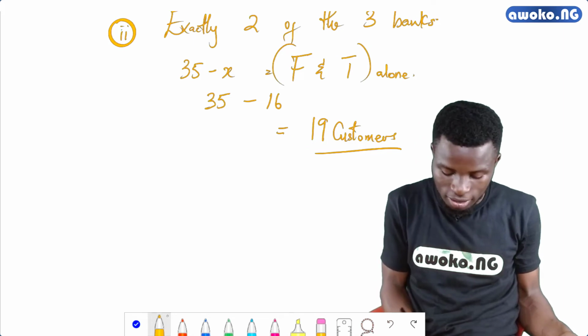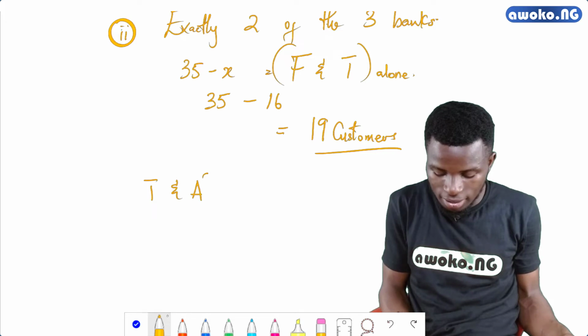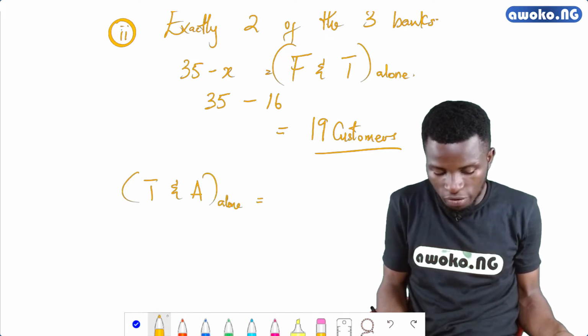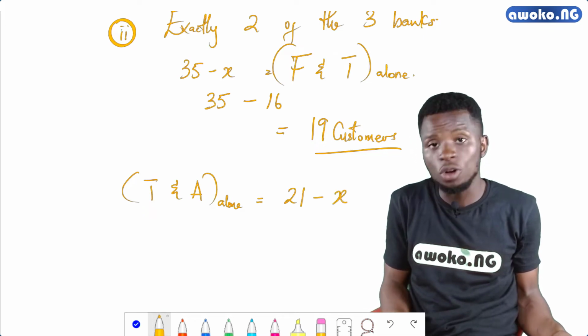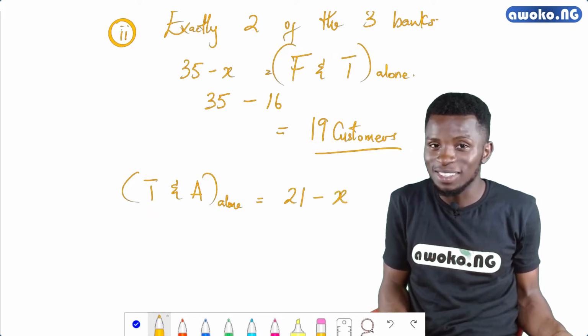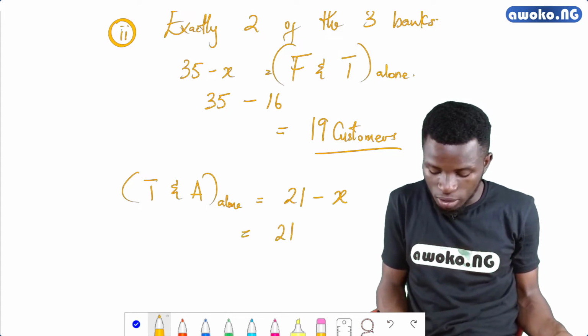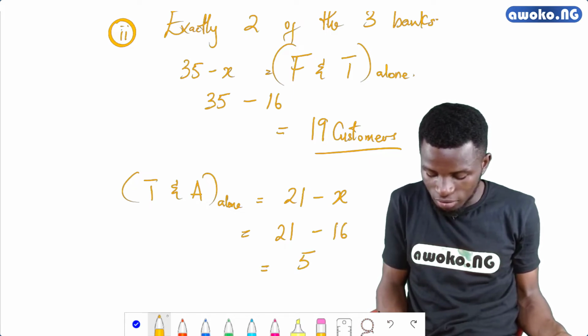So we have T and Access alone, which will give us 21 minus X. And of course, we know our X to be 16. If we substitute the value of X into this, we have 21 minus 16. And of course, this will give us 5 customers.